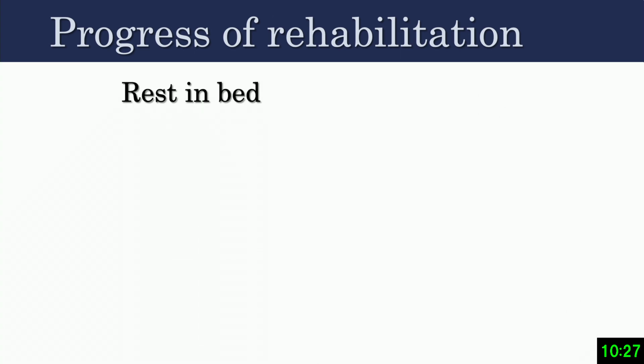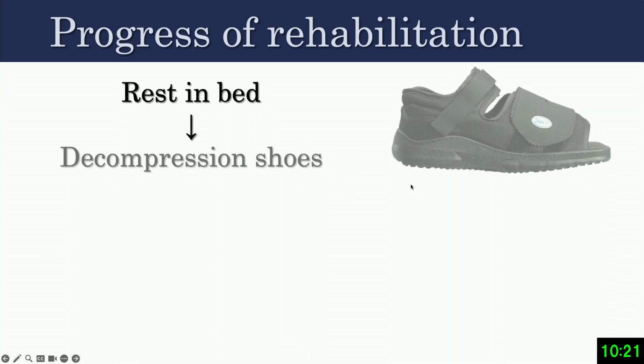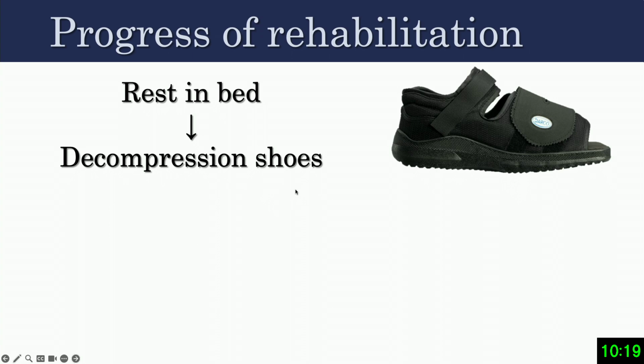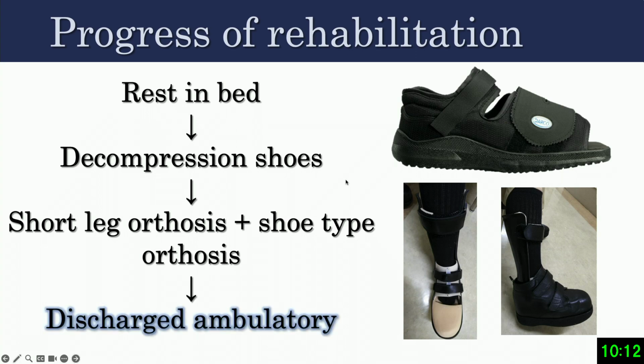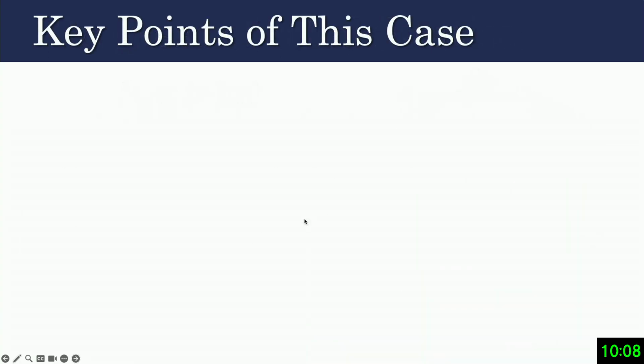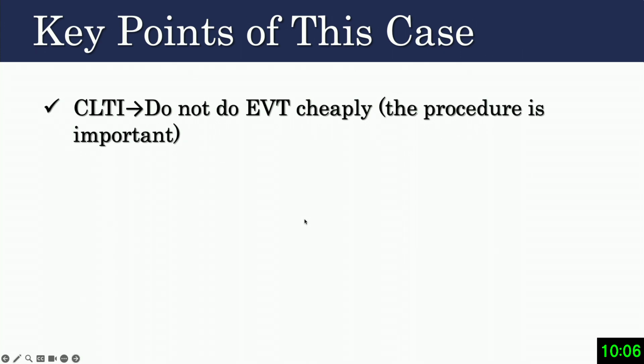And in this patient, I will show you the progress of rehabilitation. First of all, we had rest in bed, and then decompression shoes, and then short leg orthosis, shoe type orthosis, and discharge ambulatory. The key point of this case is that in CLTI, you should not do EVT cheaply.